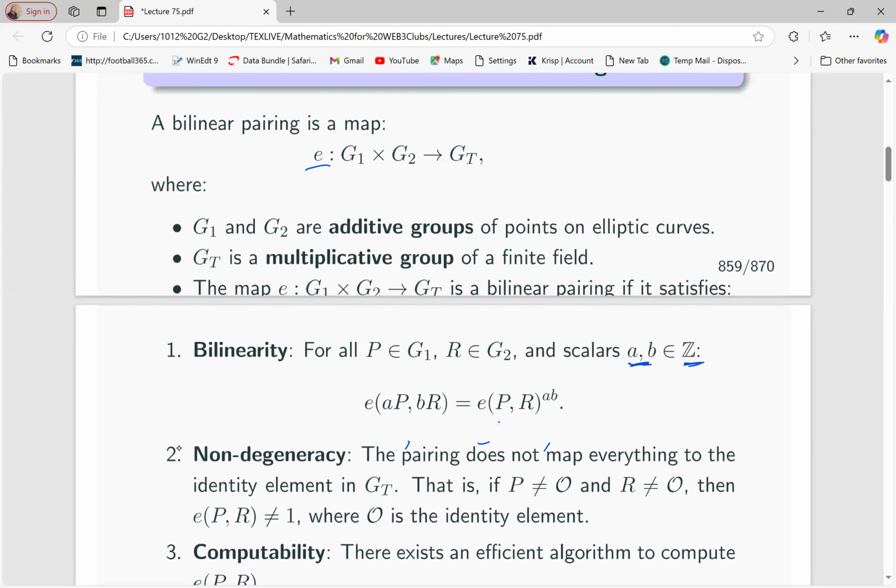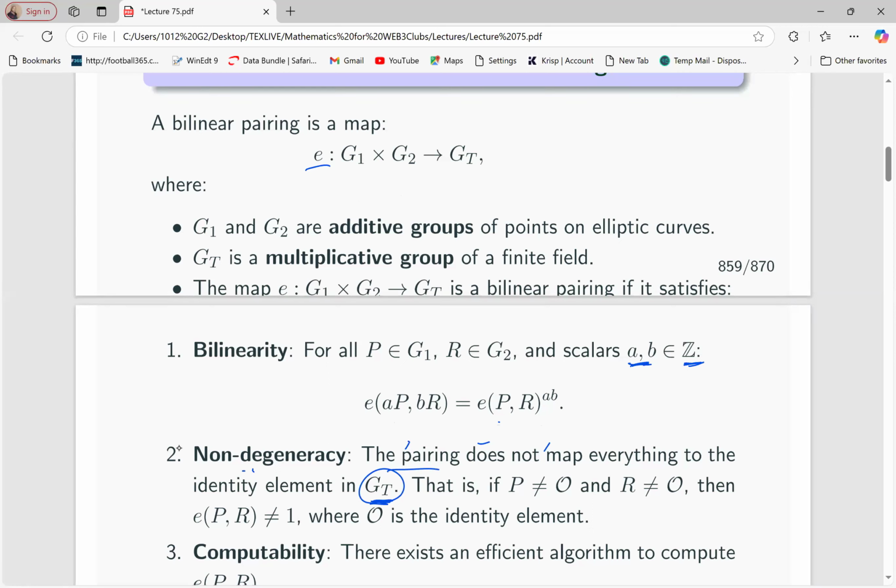The other property is non-degeneracy. What non-degeneracy means is that the pairing, the map, does not map everything to the identity element.